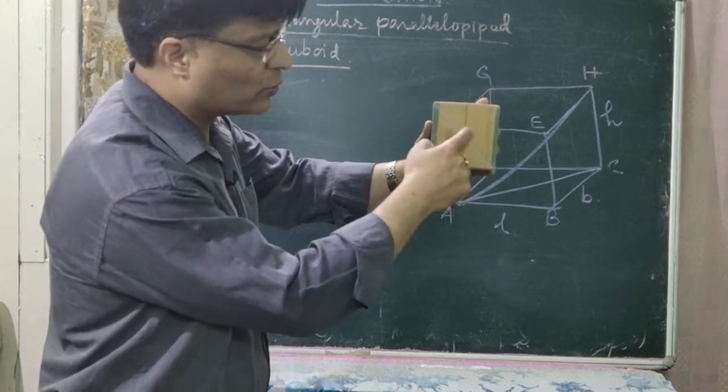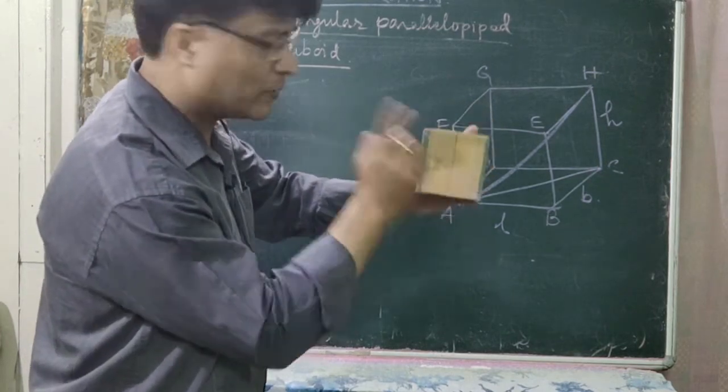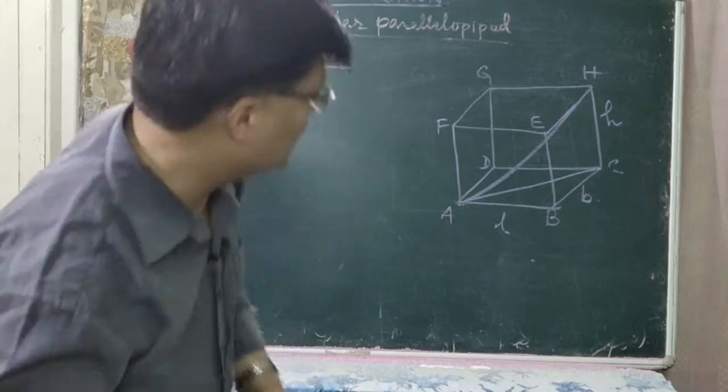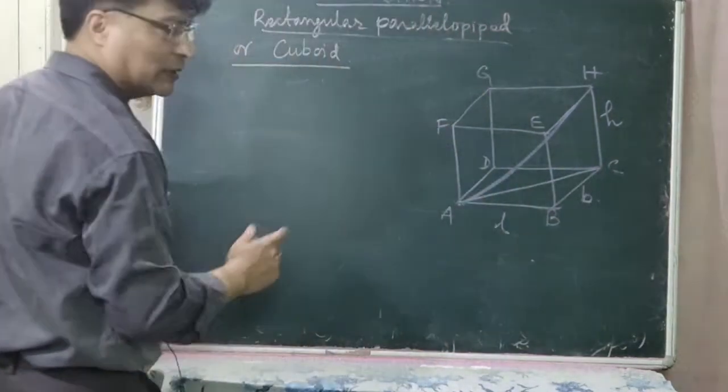this hypotenuse whole square is equal to this perpendicular whole square plus base whole square. Okay, so now in this case this AC is the hypotenuse, AB is the base and BC is the perpendicular, right?